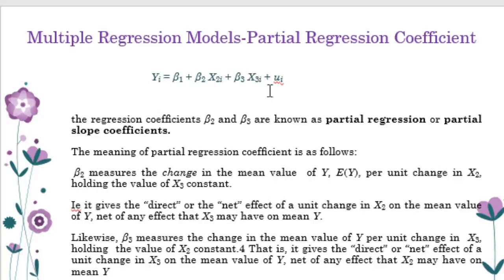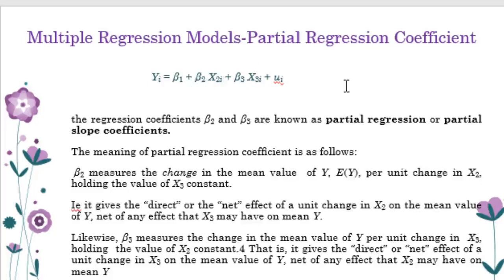If we keep the other variable constant, what is the effect of this variable on the average value of the dependent variable? That is the meaning of partial. We are keeping the other one constant. Therefore, it shows the partial impact on the dependent variable. The total impact will be the impact of x2i, x3i, x4i, and so on; if the number of independent variables is more, then the total impact will be the impact of all these variables. If we take each coefficient separately, then it shows the partial one.